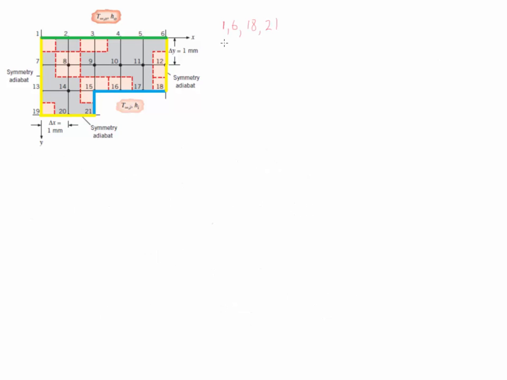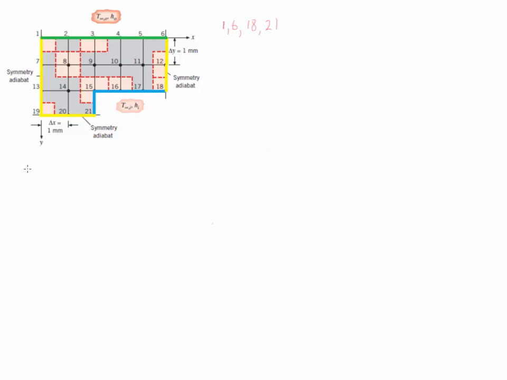We have over here the list of the nodes that we have accomplished so far. We're going to continue with the nodes that are exposed to symmetry, therefore they have insulation surface boundary condition. These nodes are going to be 7, 13, 12, and 20. Notice that they also are located in the plane.